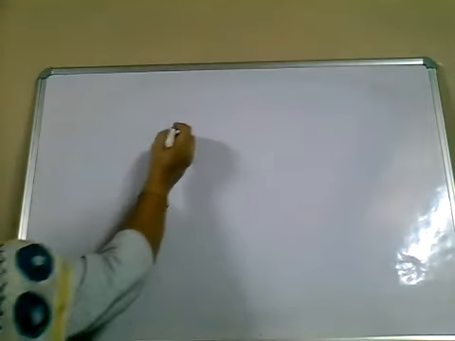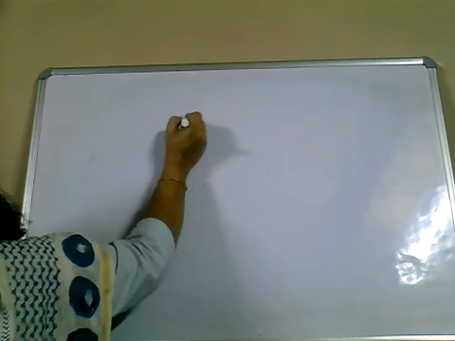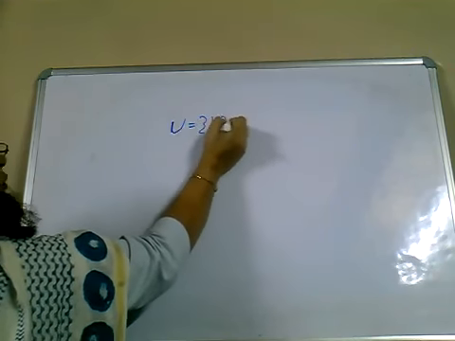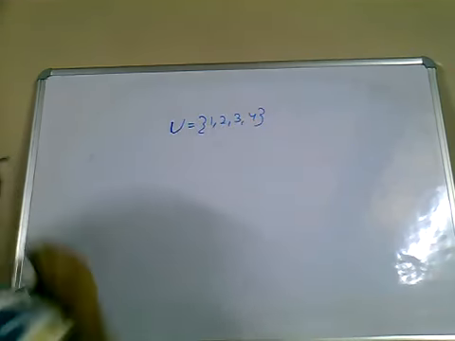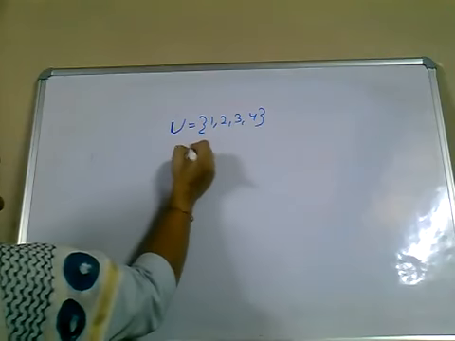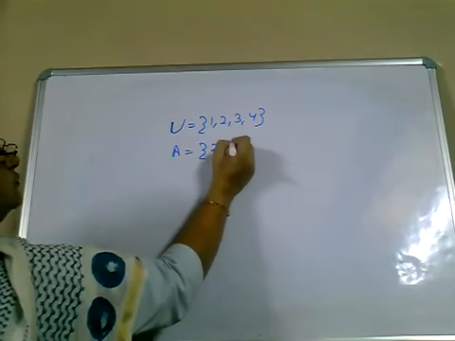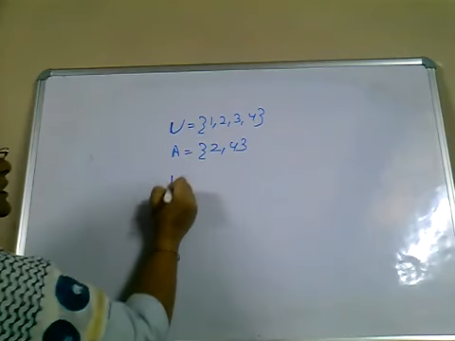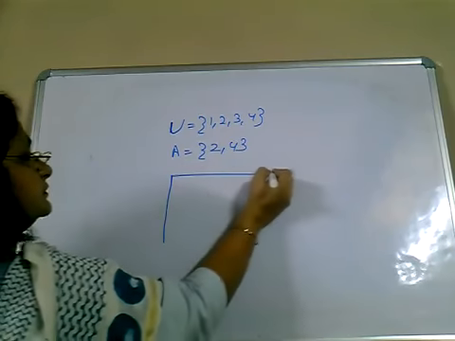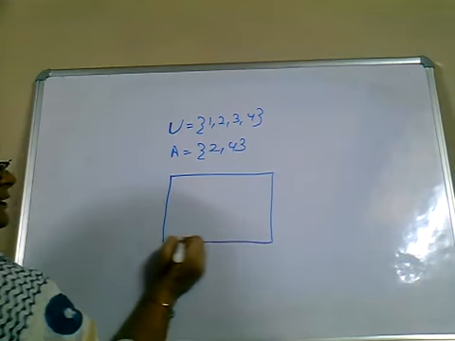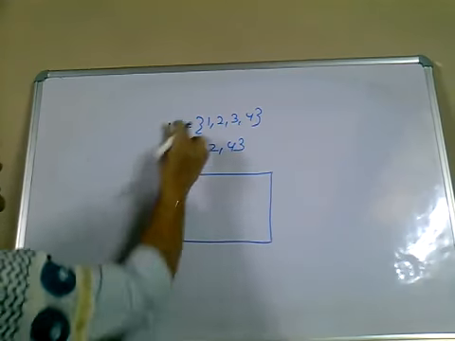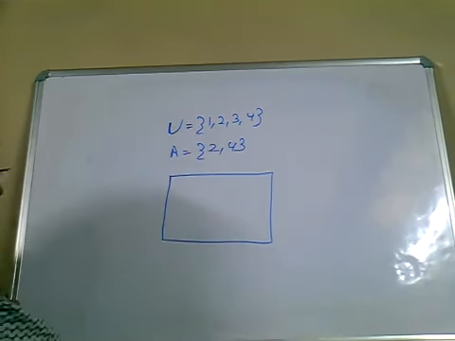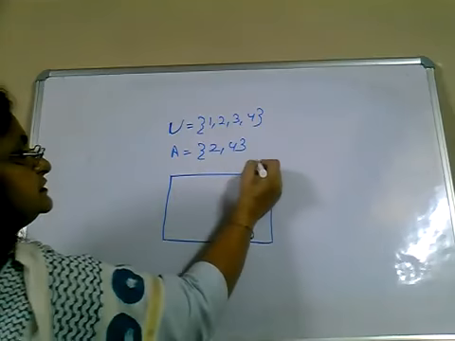If we have universal set 1, 2, 3, 4, and set A is 2, 4, then we can represent this data by a Venn diagram. Now this is the universal set.